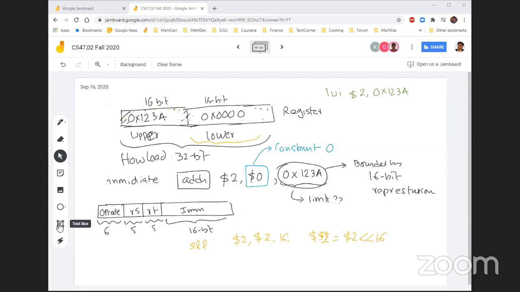So either you can do this combination of instructions or use a one-shot instruction to do the same. That is one thing.